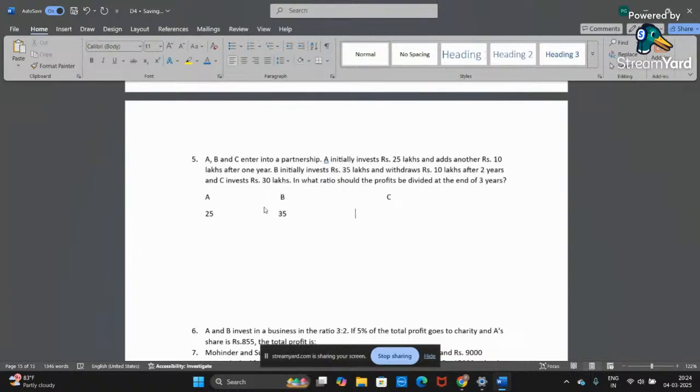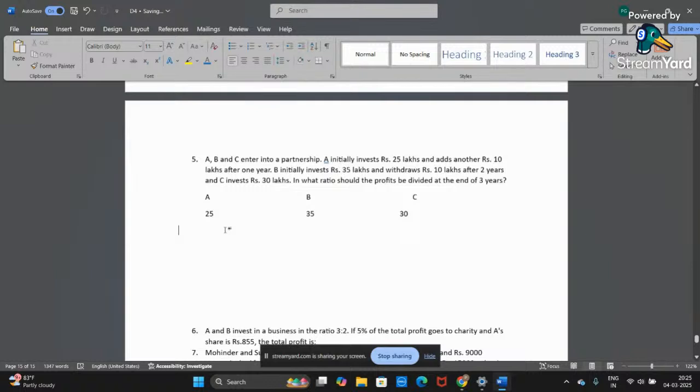B initially invests 35 lakhs and withdraws 10 lakhs after 2 years. And C invests 30 lakhs. Okay, now let's solve. In what ratio would their profit be divided at the end of 3 years?